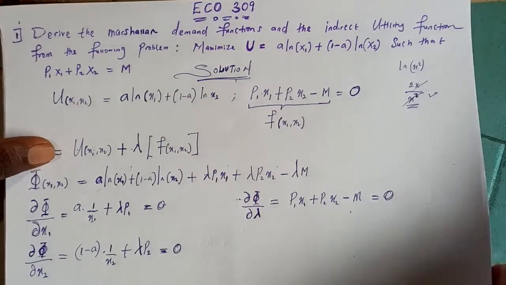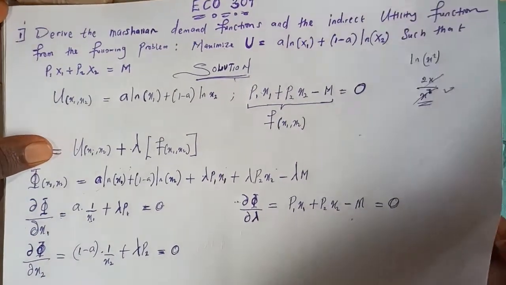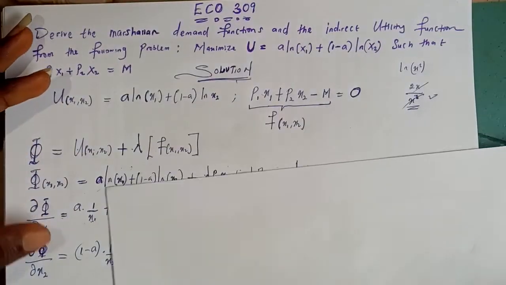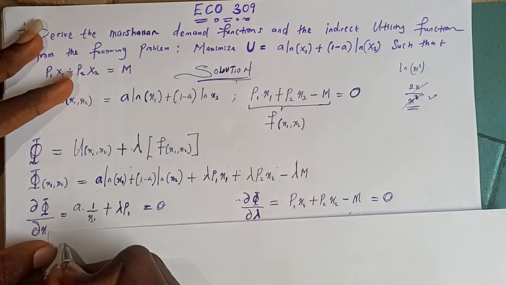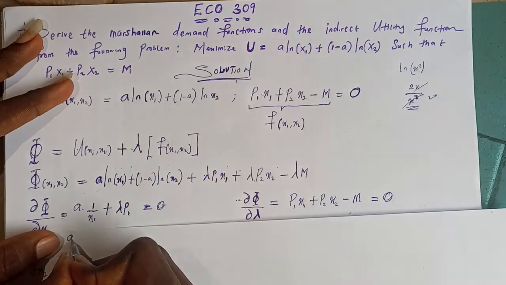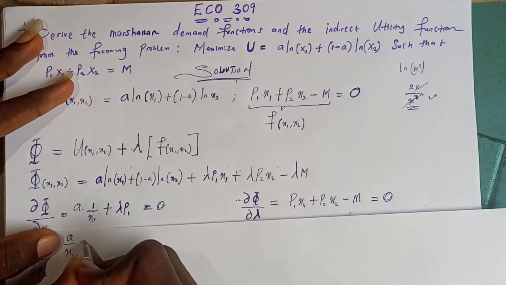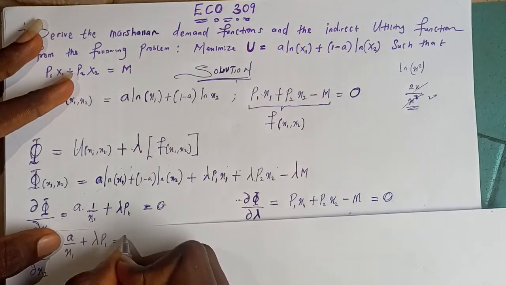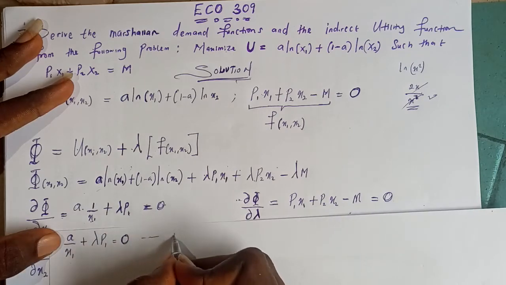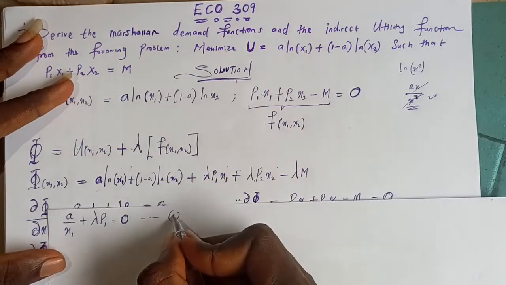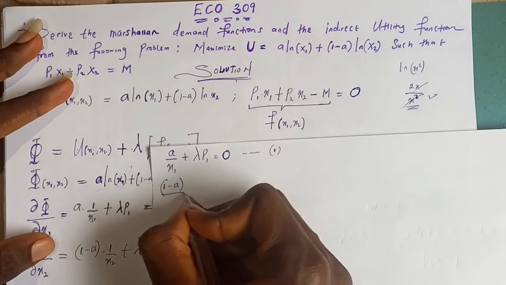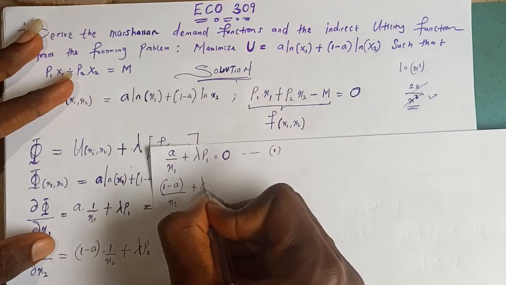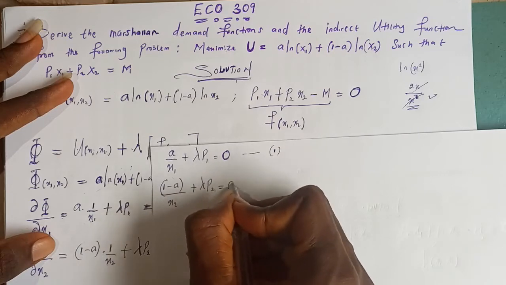So from the first one we have here, a over x1 plus lambda p1 equals 0. Let's call that equation 1. So we also have 1 minus a over x2 plus lambda p2 equals 0.